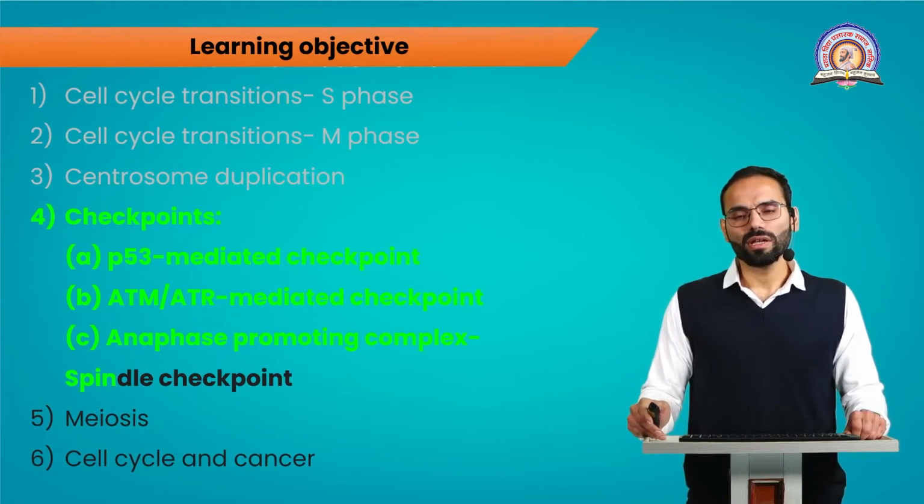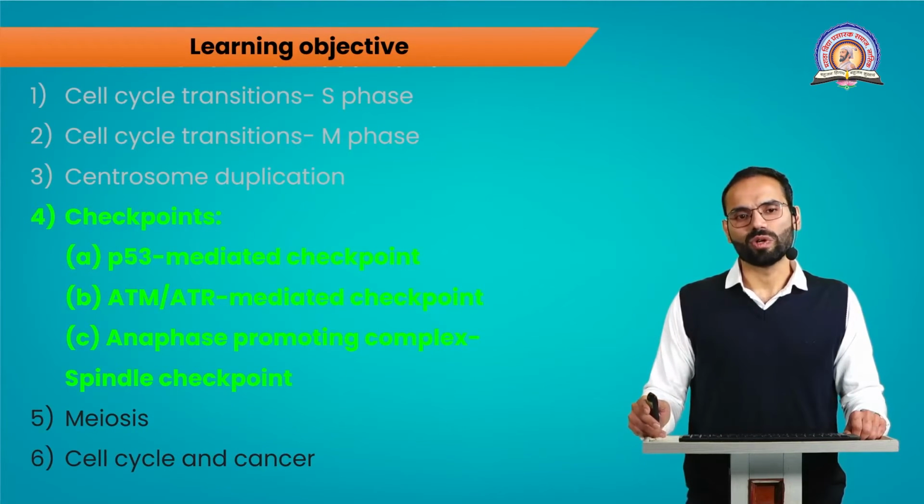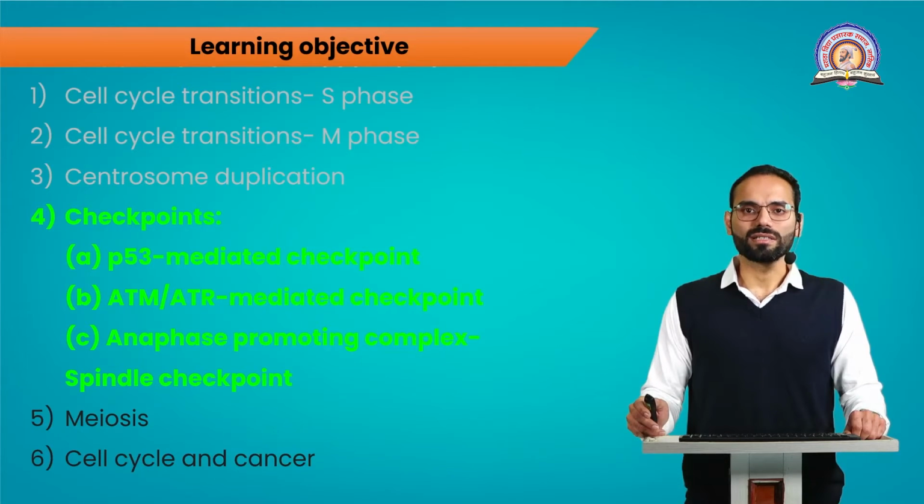So let's look in detail at the checkpoints. Checkpoints are nothing but a surveillance mechanism that ensures a unidirectional flow of cell cycle progression, and that too in a proper manner. These checkpoints are mostly activated by DNA damage, such as the p53 mediated checkpoint and the ATM and ATR mediated checkpoint.